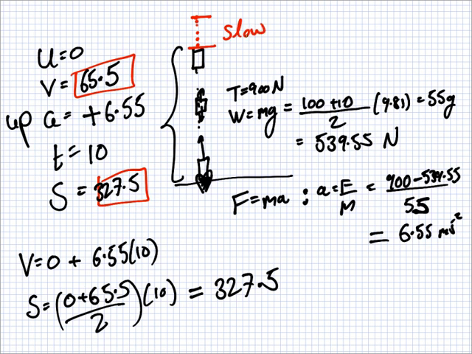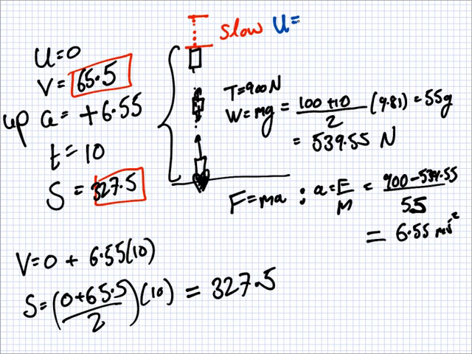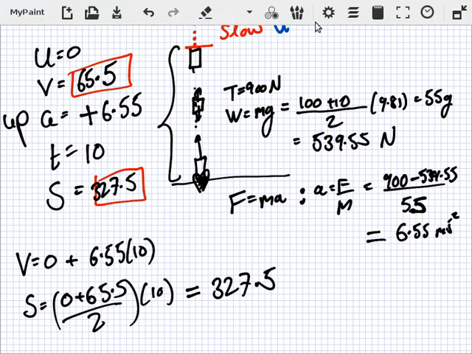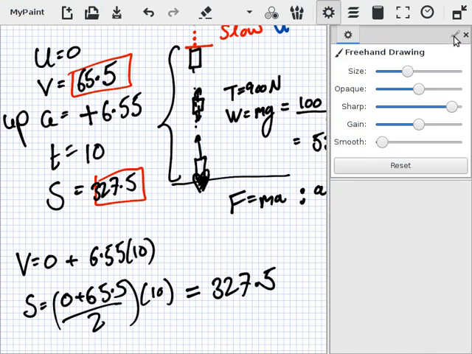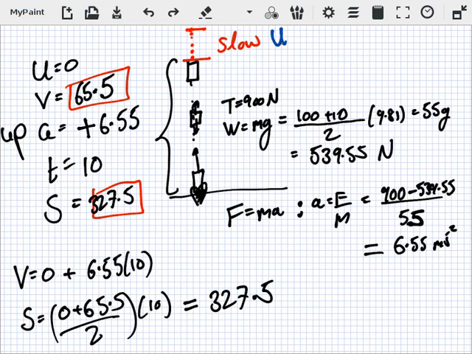Okay, so this is now another UVATS problem, which I'll just squeeze over here. So the U is what? 65.5, because it's the V from the previous journey. Okay.